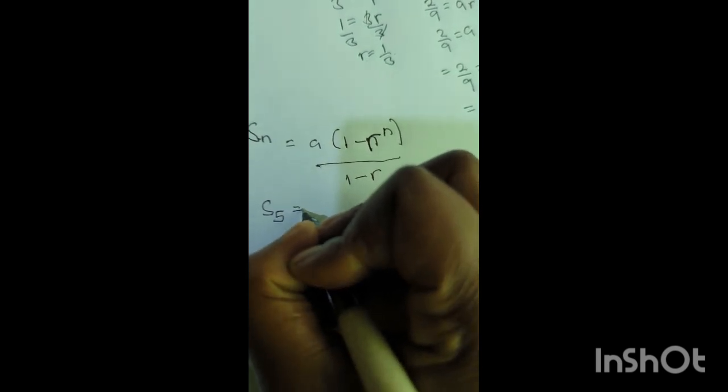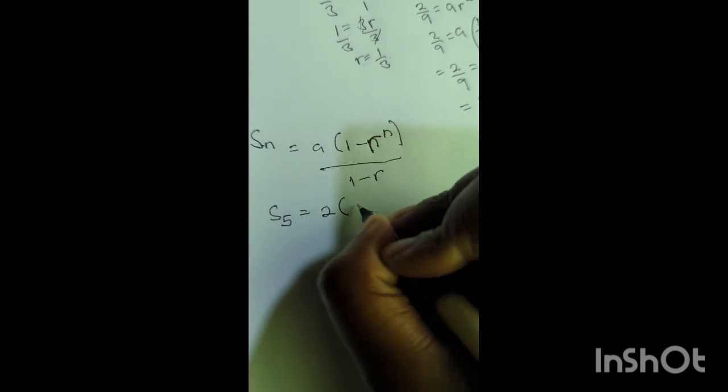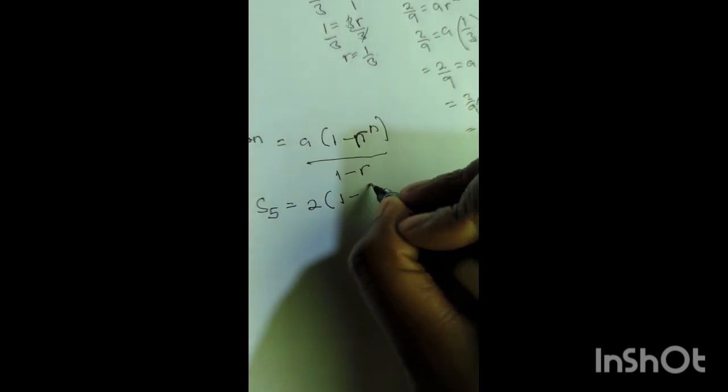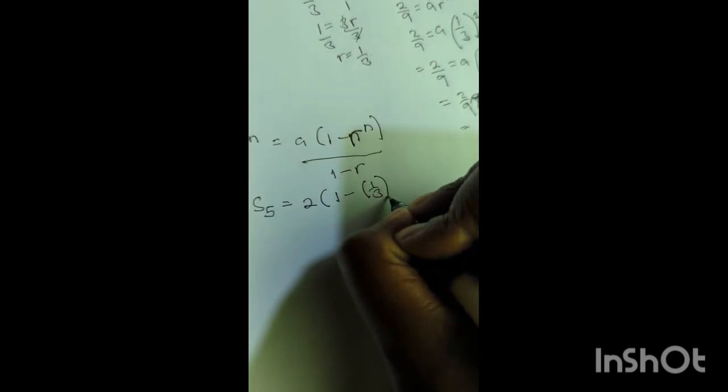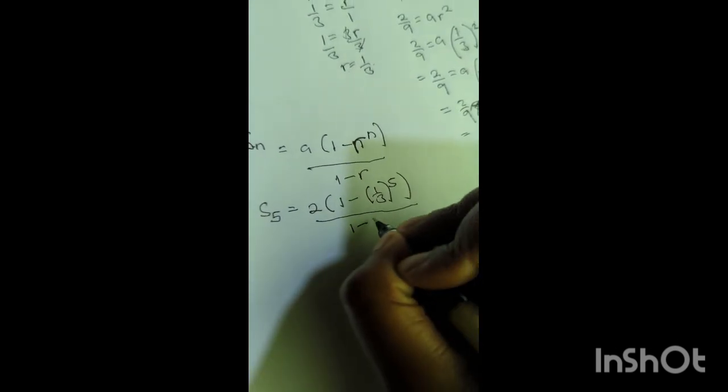S5 is equal to, what is our a? Our a is 2, open brackets, 1 minus, what is our r? Our r is 1/3 to the power 5, close brackets. This thing is divided by 1 minus 1/3. You can quite alright get this correct, but how to punch it in the calculator is where people have challenges.